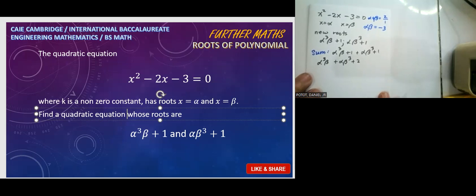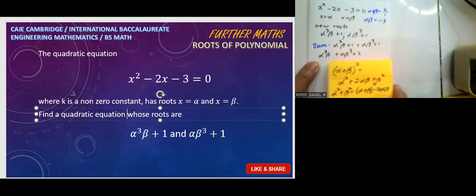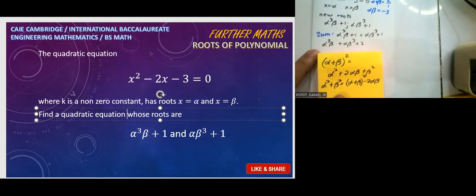This looks complicated, but what you need to do is process this in such a way that you would be able to use these formulas that we derived in the last video. You need to find an expression that involves alpha plus beta or alpha beta.